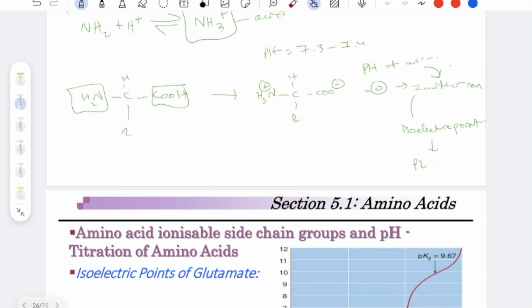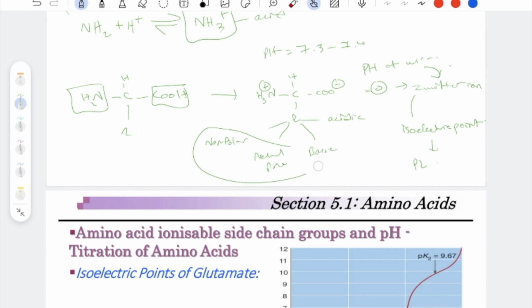Now, the isoelectric point is incredibly variable. Why? Because amino acids have different properties of side chains. You have non-polar, neutral polar, basic, and acidic.